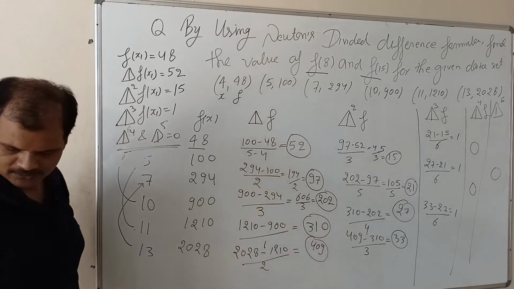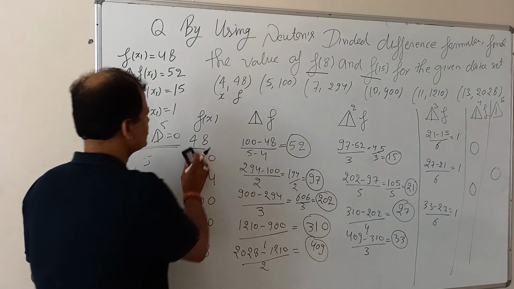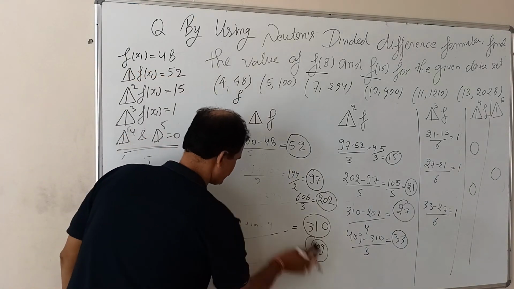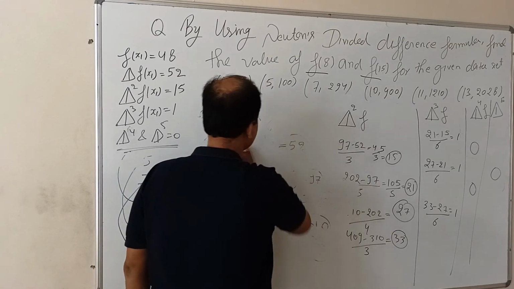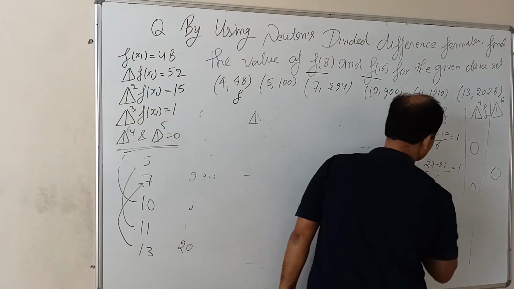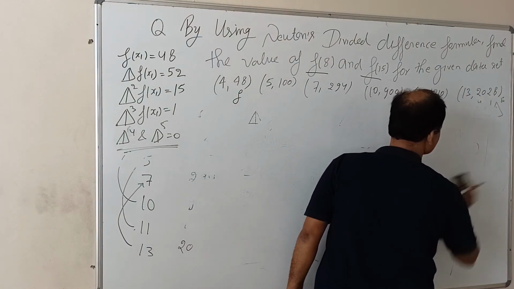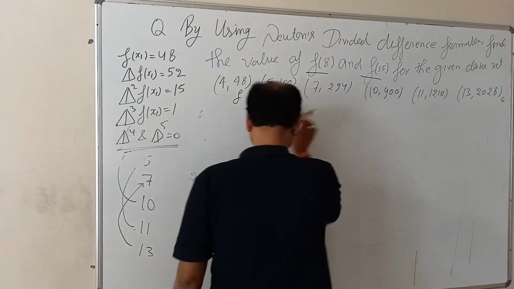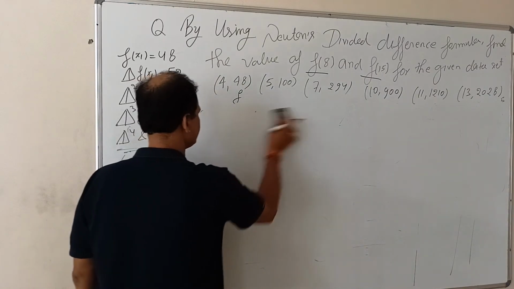Fine. Now I can delete this one because I have noted down the data for x1. While writing the difference formula, we take x1 as the reference point.